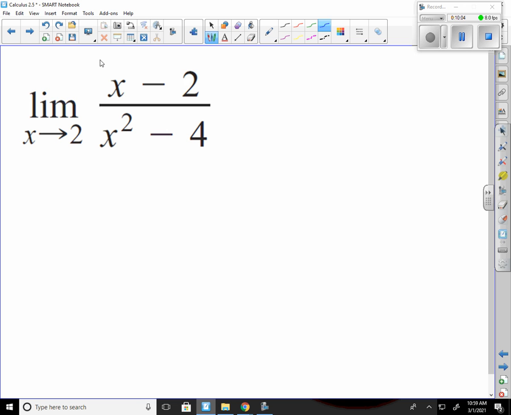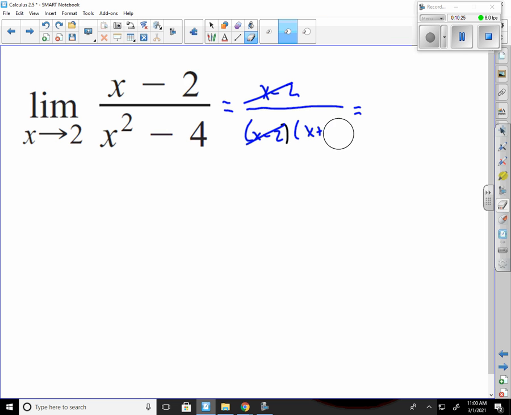Well, on the bottom is x squared minus 4. I realize my top is going to stay the same. That's x minus 2. Bottom factors out to x minus 2 times x plus 2. Those cancel out.